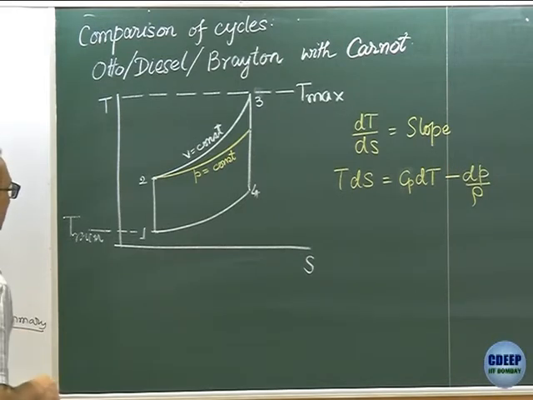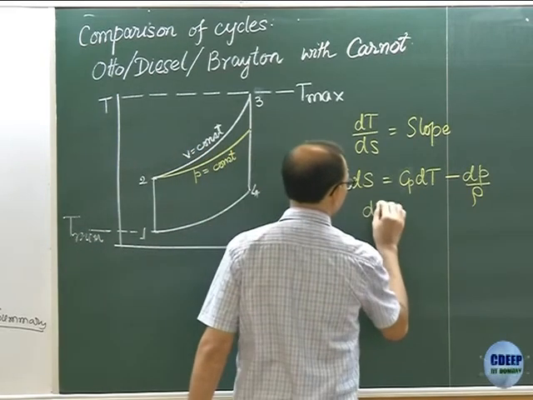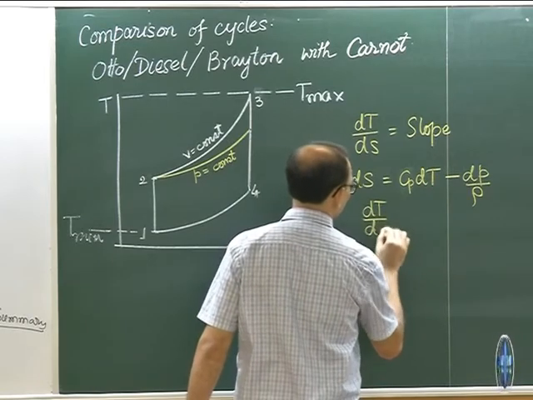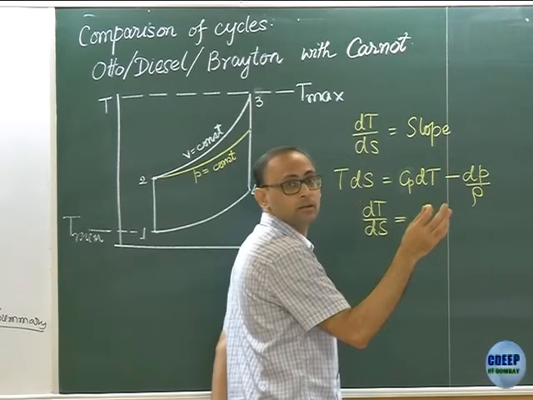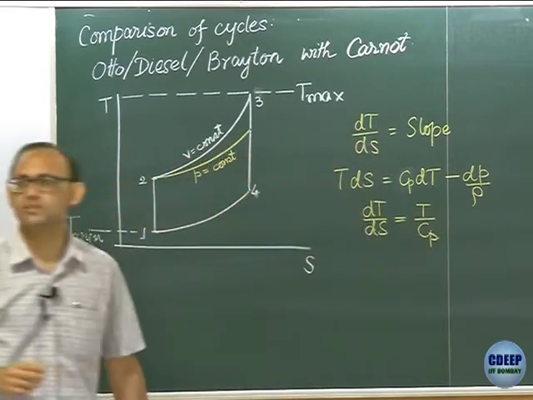So here you go. For the constant pressure process, it's fairly straightforward. What's the slope for constant pressure? Yeah, T by Cp. Everybody agrees to this?